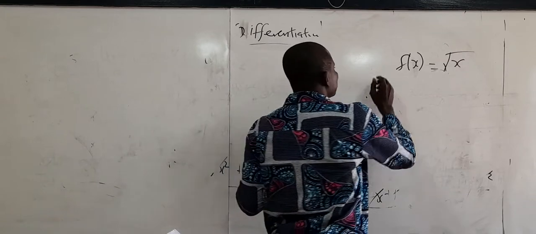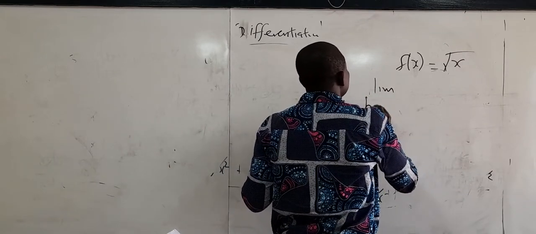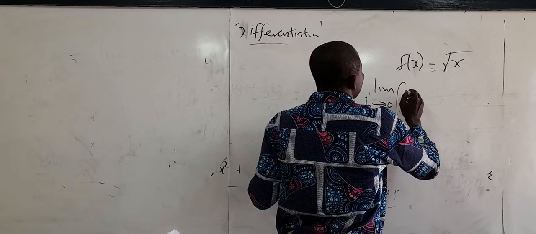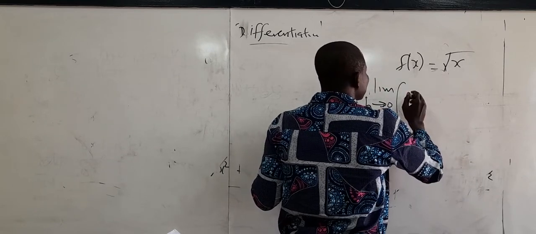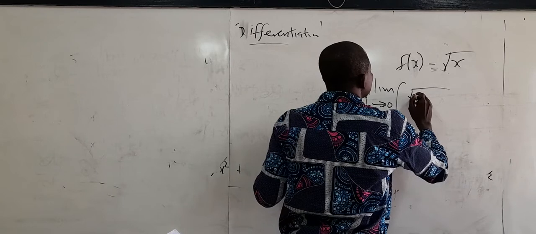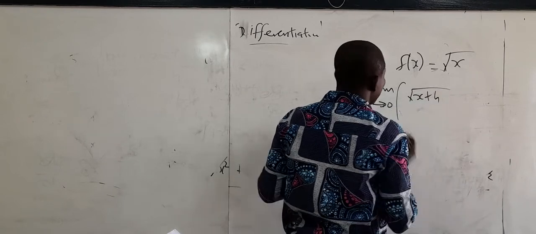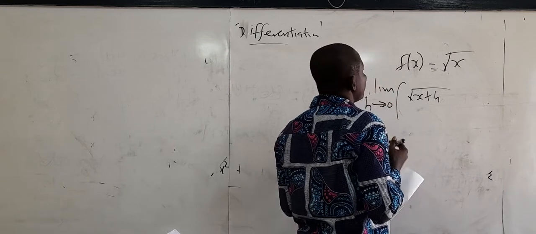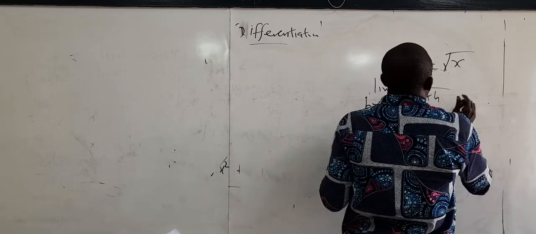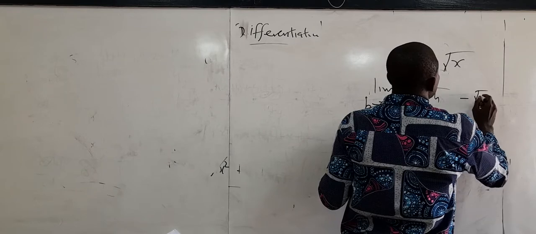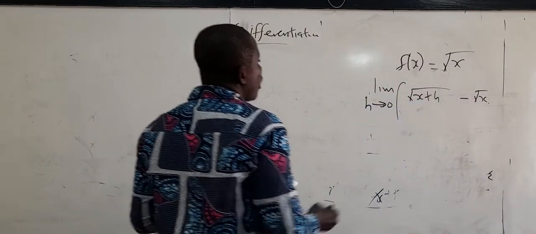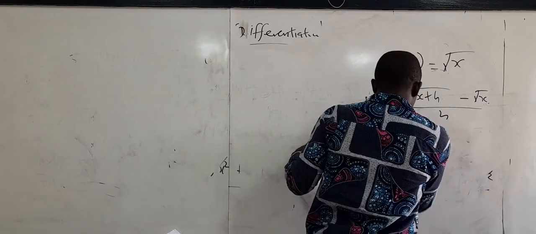So we say the limit as h approaches 0 of the original expression, root (x plus h) minus root x, all over h.